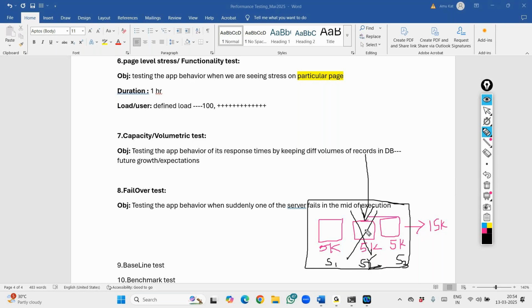Whenever there is such a failure, the first server and the third server should share the load equally. Each is going to handle an extra 2.5k.